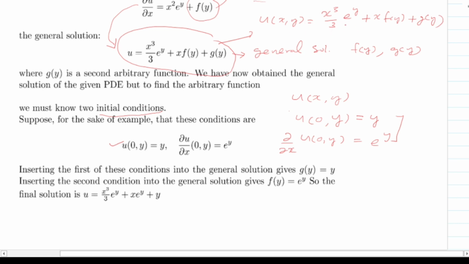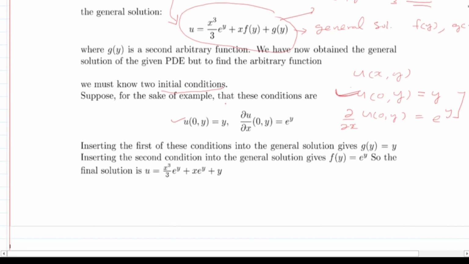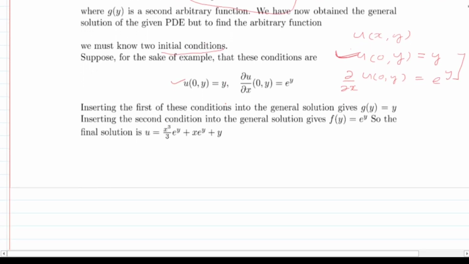Now you take this equation and put in the first initial condition, that means u(0, y) = y. The equation that we got was u(x, y) = x³/3 e^y + x f(y) + g(y).